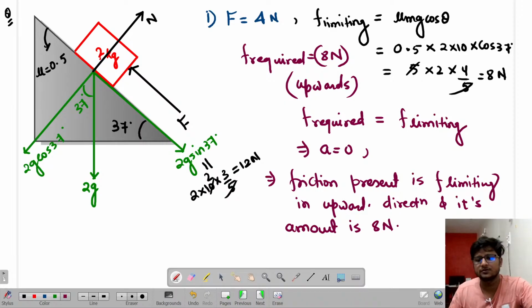Is that clear or not? And its amount is how much? 8 Newton. Are you able to get me? Clear or not clear? Clear.